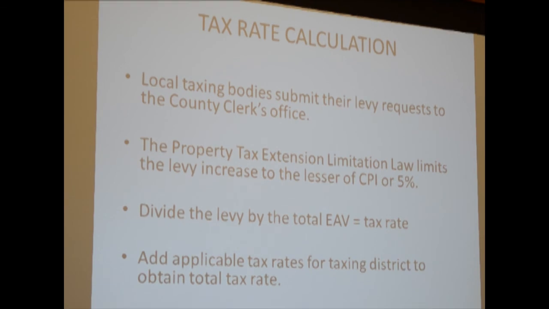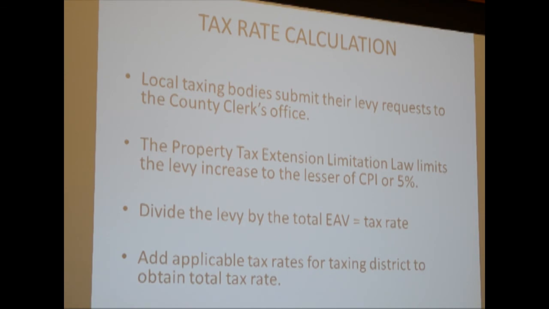Well, I understand they want to ask for a certain amount of money. And so the tax rate is determined by the number of properties in the school district's area. Now, school districts aren't exactly according to the township border lines or the county border lines. So sometimes your taxing district goes over into another county. Okay. So, but whatever that district is, the number of properties that are taxable properties, remember there are some that are non-taxable properties like churches and others that are not on the tax rolls.